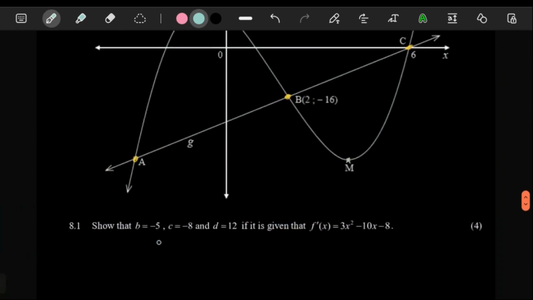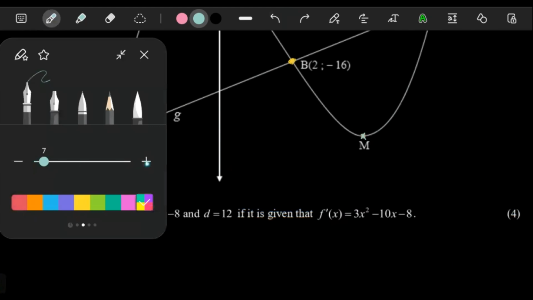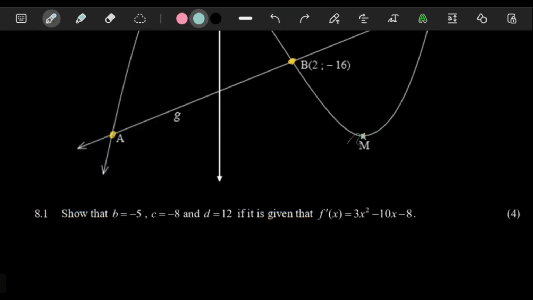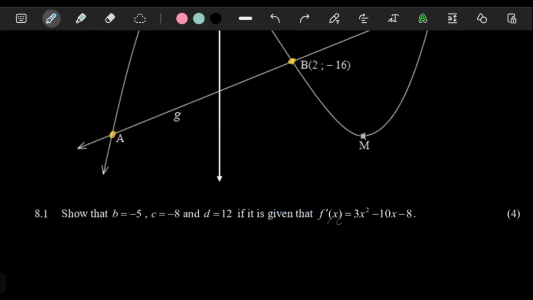It says show that b and c are equal to these values, and then d is equal to 12, given that the first derivative is this. So you see, the reason why they're giving you the first derivative is because they want you to make use of it. They won't give you anything just for the sake of giving it. They'll definitely only give you something so that you make use of it.